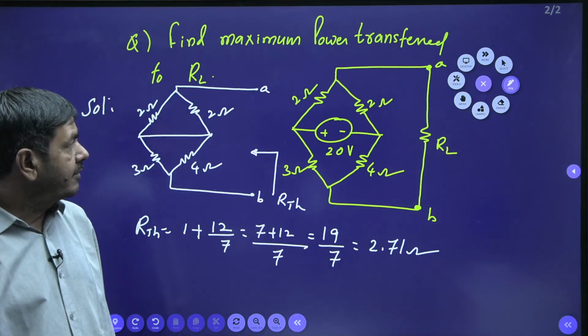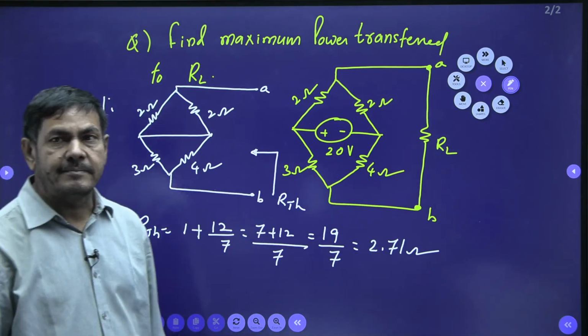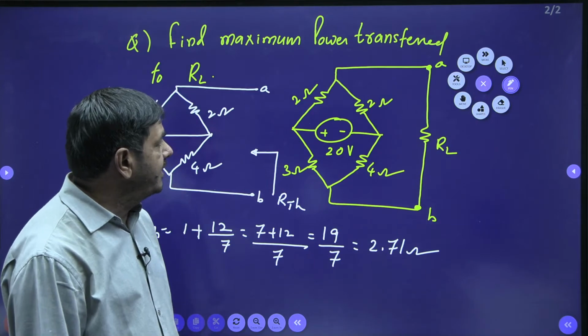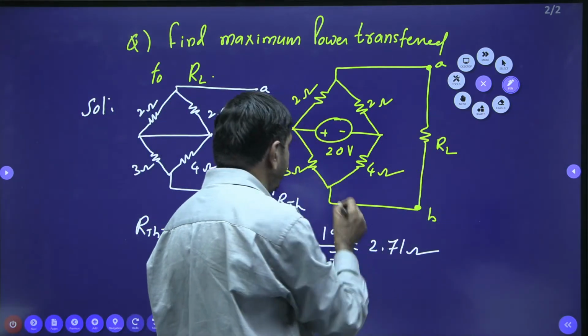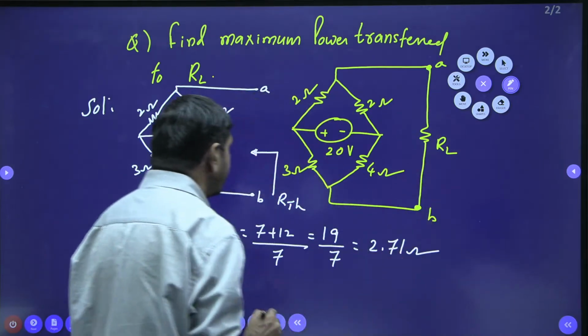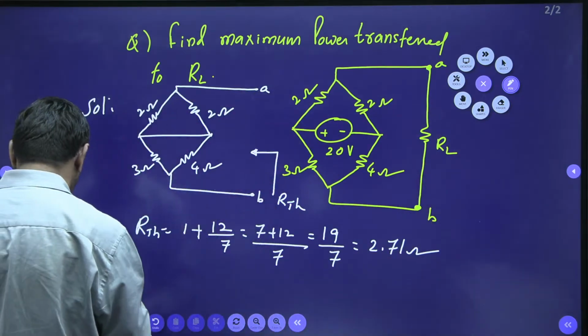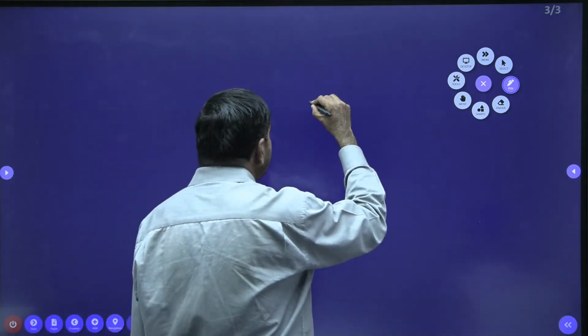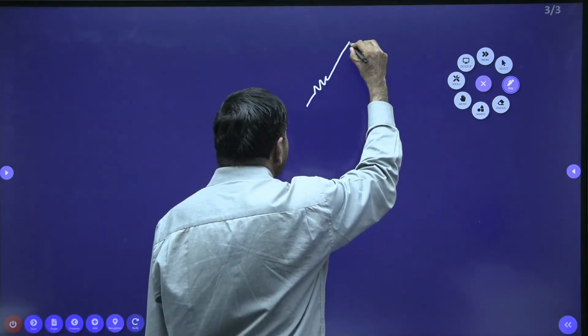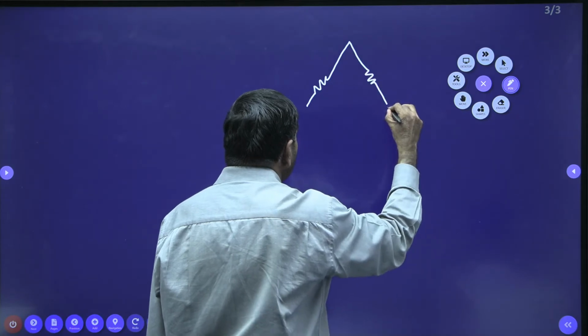Next, what is required here now? VTH is also required. How can we find the VTH? Wherever the load is given, that is to be removed. I will draw that clearly now. The 2 ohm and 2 ohm must be written as they are. This side I got a 2 ohm resistance, this side I got a 2 ohm resistance.